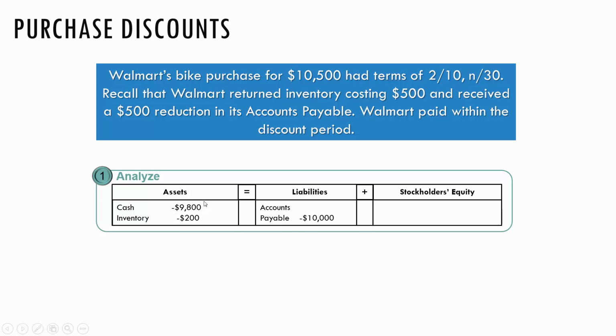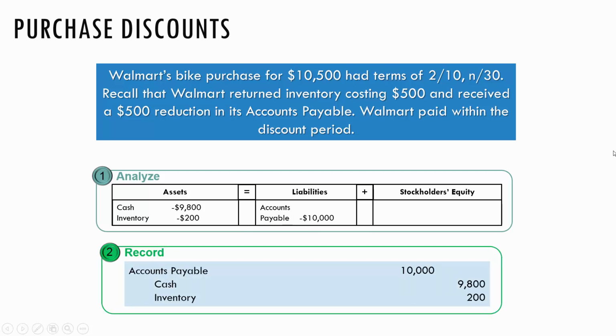We are going to pay only the $9,800, but we have, meanwhile, this accounts payable balance, which is $10,000, from the two transactions we had previously. You may want to go back and do that in a T account to see where the $10,000 is coming from by looking at those two separate transactions.